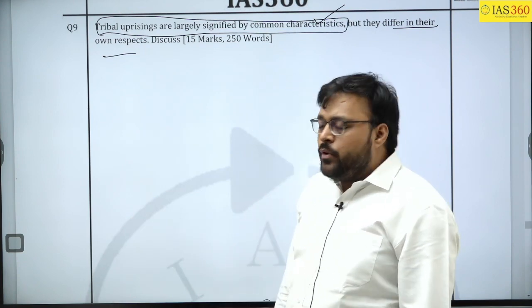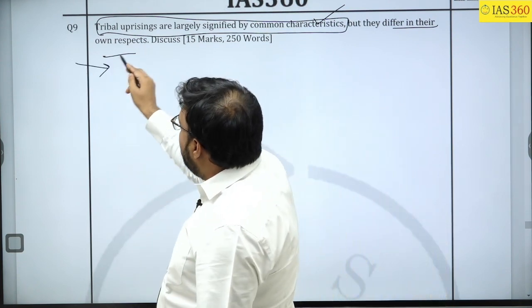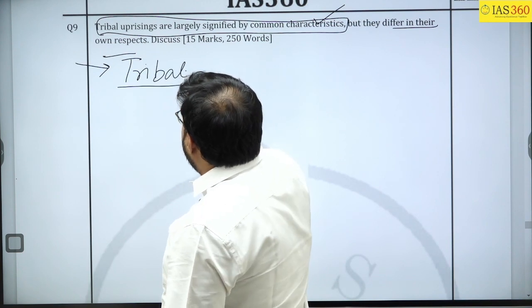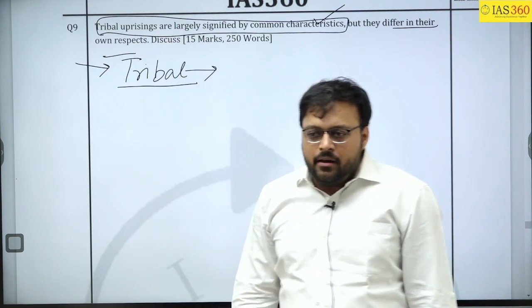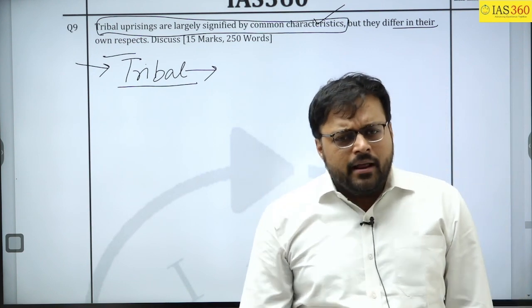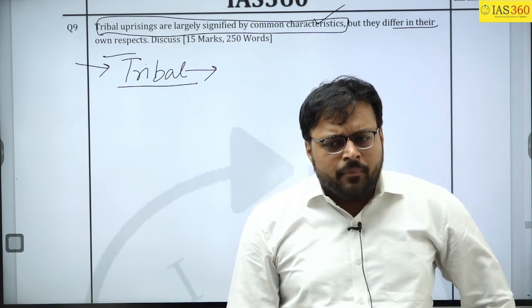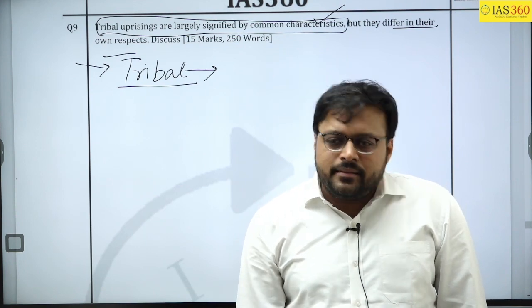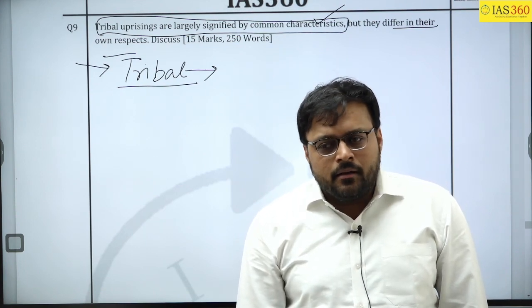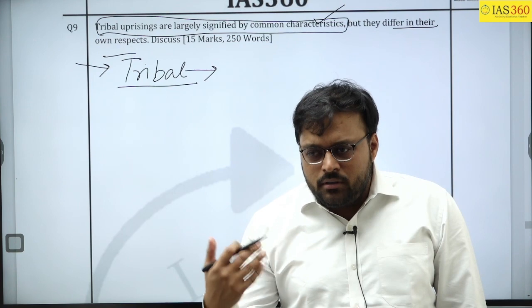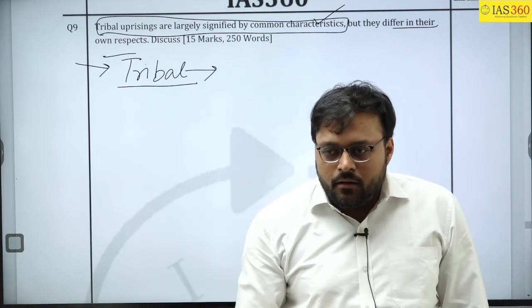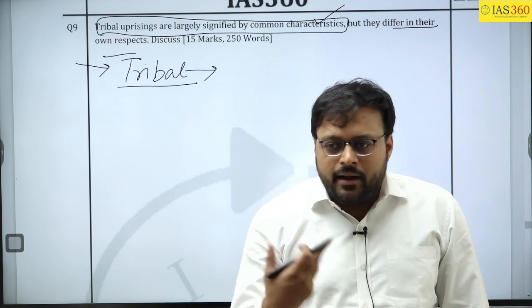So first of all, you can say the timeline of tribal uprising. When did tribal uprising start? From the Paharia revolt, around 1774. So tribal uprising started from there, and you can see the tribal uprising during the Munda period, the Rampa rebellion, even during the CDM, you can see the tribal uprising, Rani Gaidinliu.